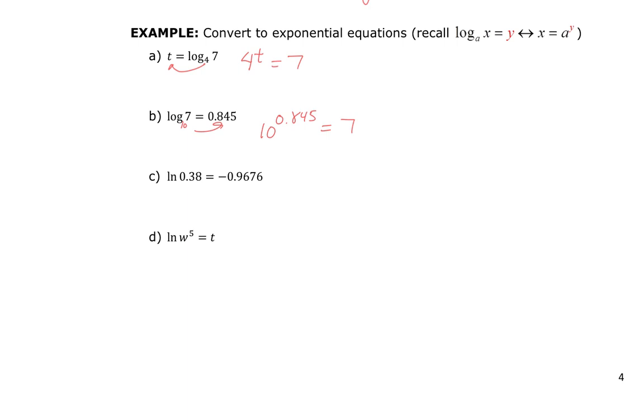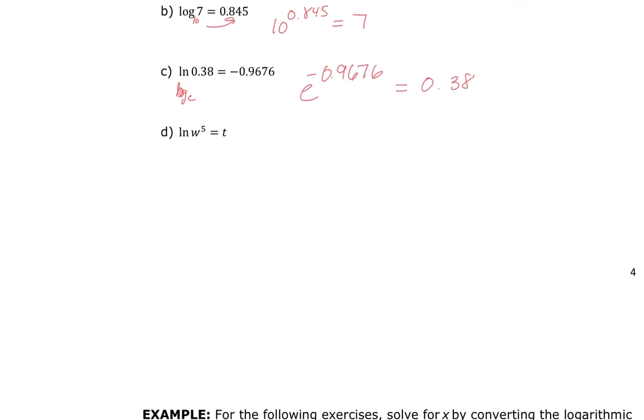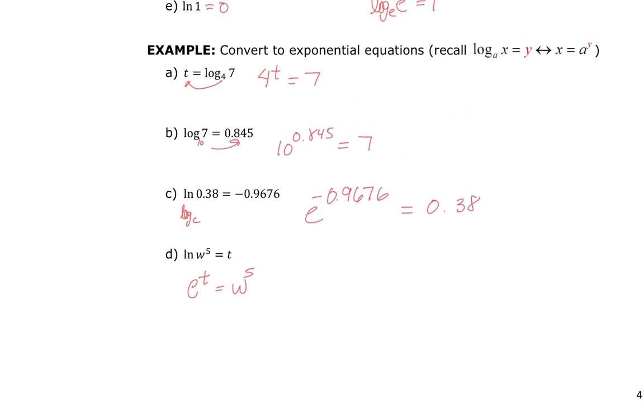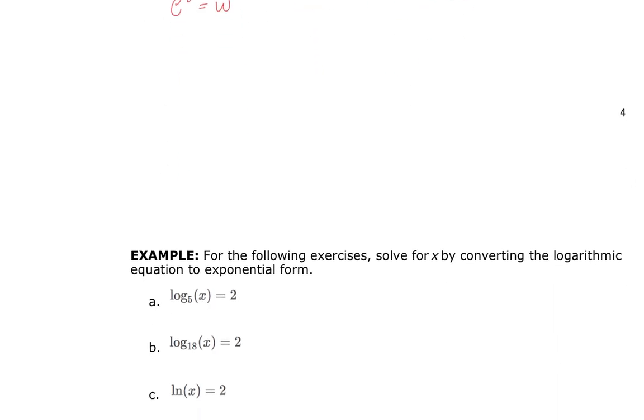Remember, this is the log base e, so it is e raised to the -0.9676 is equal to 0.38. And then this last one, e to the t, is equal to w to the 5th. And so that's how we convert from logs into exponentials.